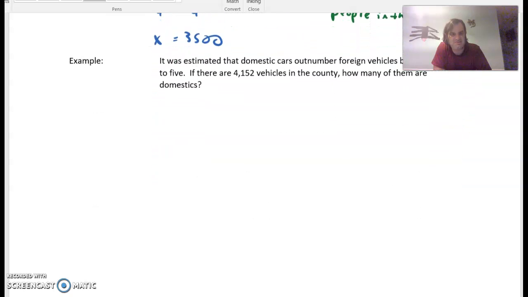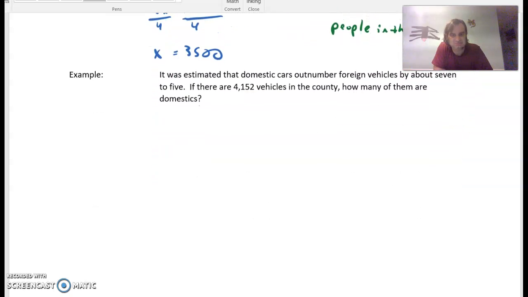Here's one more problem we could do. It is estimated that domestic cars outnumber foreign cars by about 7 to 5. If there are 4,152 vehicles in the county, how many of them are domestic? Now, that's a good question. So you've got to think about what we have here.